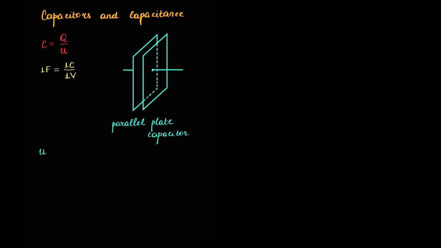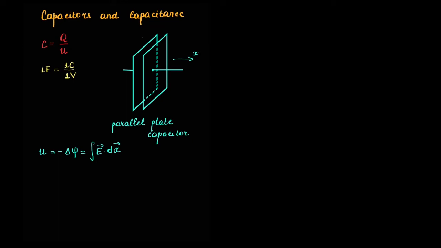Voltage is the negative of the potential difference, which is given by the integral of E ds, or in our case dr, or let's say this is x, then we can also write it as dx.